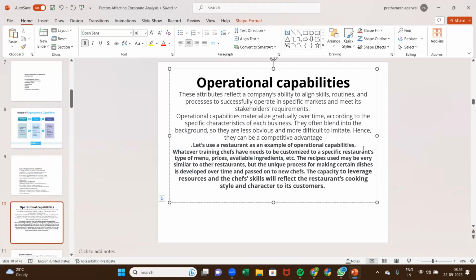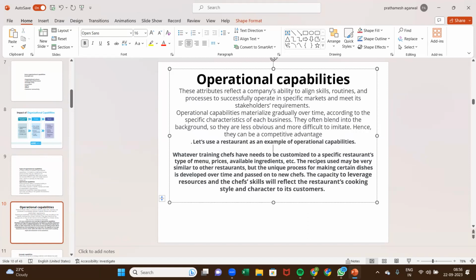Have you all heard about Vaishali? The taste of sambar and chutney in Vaishali has not changed in years. So, what has happened? The masalas and whatever ingredients are used have been customized, right? Then the chef will decide the type of menu, price, and available ingredients.